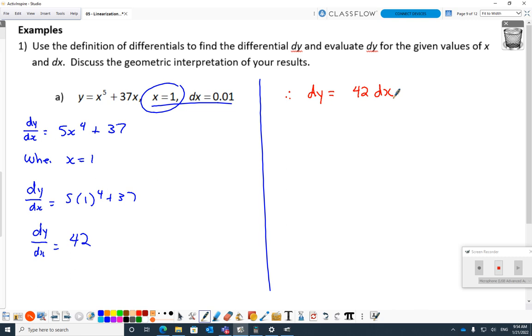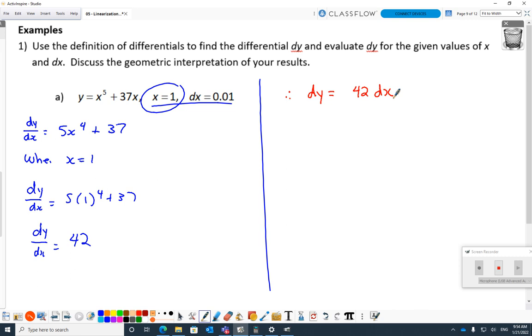And what that means is every time you change the x, multiply that by 42 to find your change in y on the tangent, not on the curve, because this is a linear approximation. That's why we did linearization first. So f prime is just a multiple, so we can get from the change of x to the change of y.